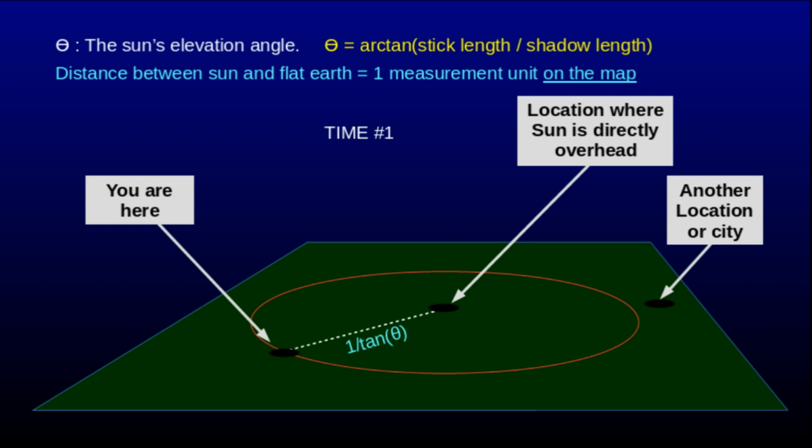Well, when you measure the sun's angle at that new city at the precise same time that you measured from your own location, and this may be by calling a friend and asking him to measure the sun at the same time as you do, then the sun hasn't moved, so we draw the same circle, but with a different radius. The same center position, a different radius. And the new radius is simply 1 divided by the tangent of the elevation angle measured from the other location.